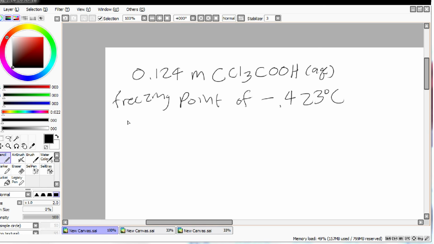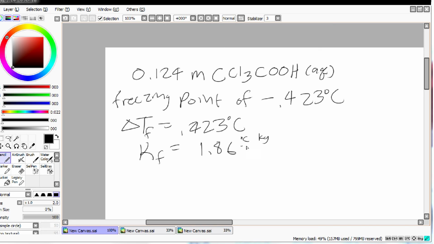And they also tell us that the change in temperature is equal to 0.423 degrees Celsius, and the freezing constant is 1.86 degrees Celsius kg over moles, sorry, I said Kelvin. My bad.